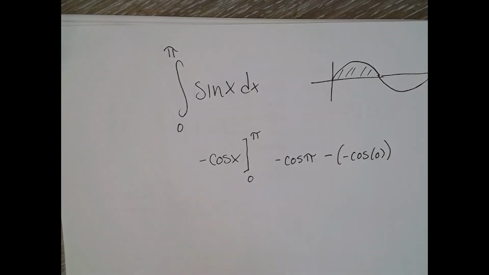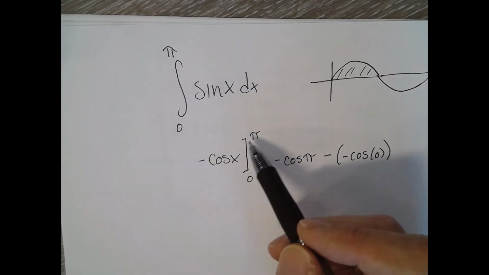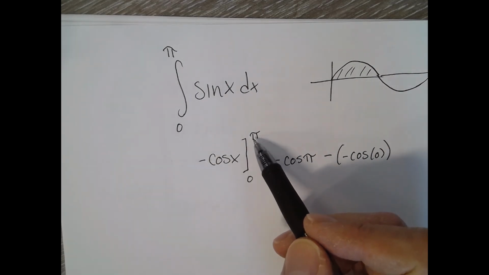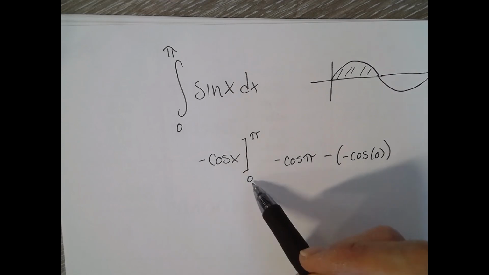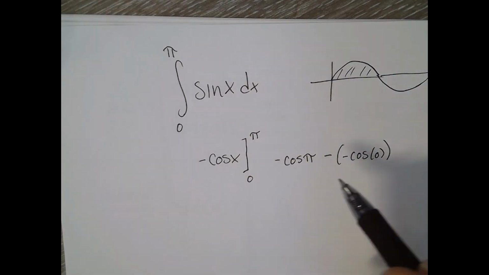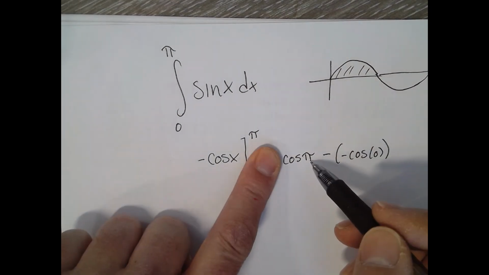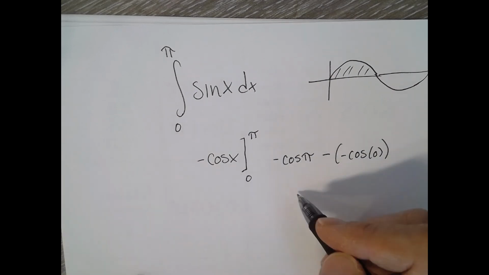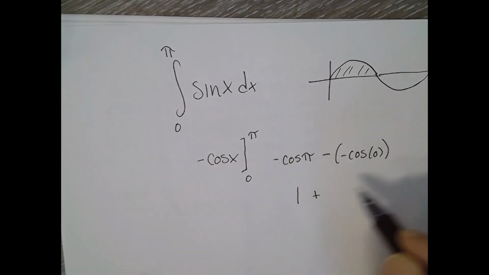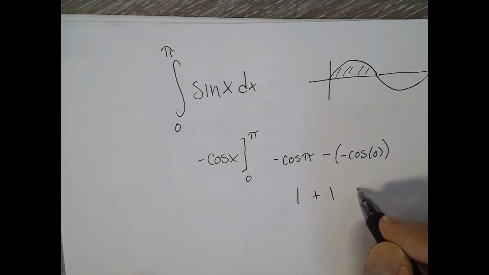Cosine of pi is negative 1, so the opposite of negative 1 is 1, plus the cosine of 0, which is 1. So we get 2 for an answer.